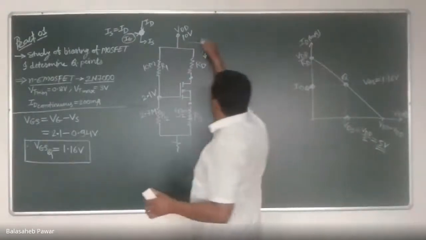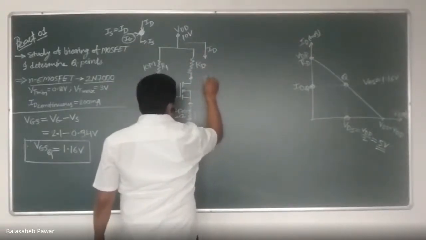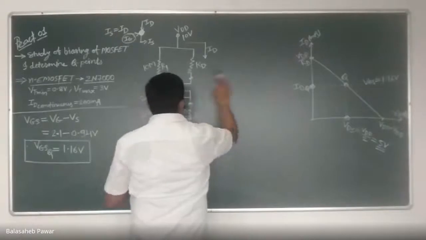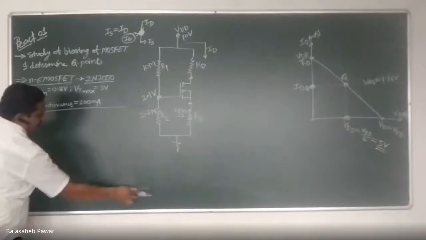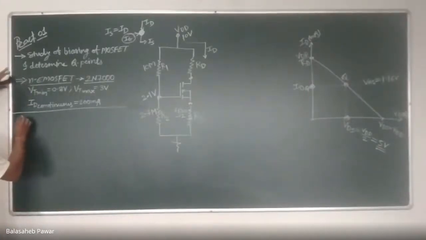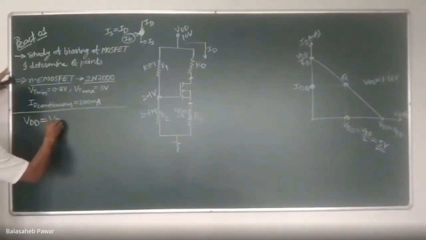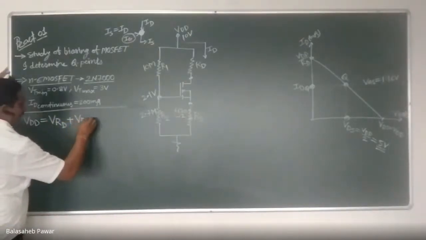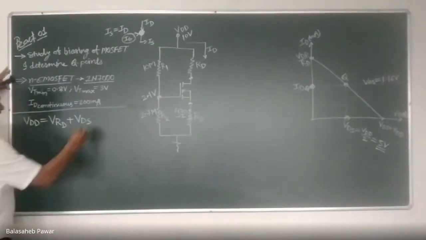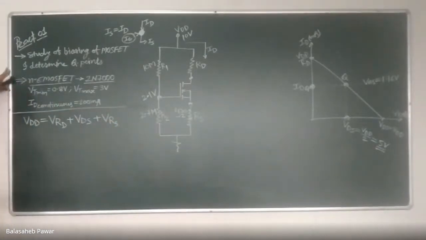So what is the source in this loop? That is VDD. So VDD equals voltage drop across drain resistance RD plus voltage drop across drain to source, that is the transistor, plus voltage drop across RS. This is the KVL, right?